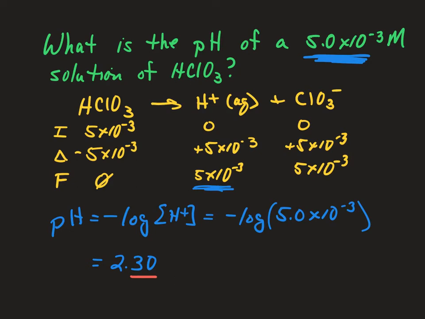So this number is actually representing the two significant figures that we had in our original given number, right? So in this case, the pH is equal to 2.30, right? And so we can do that anytime we know the hydrogen ion concentration.